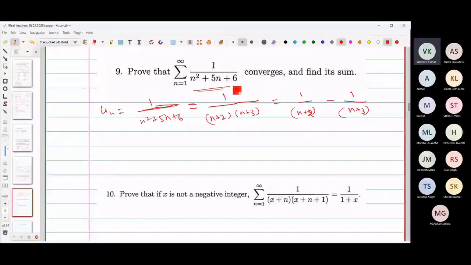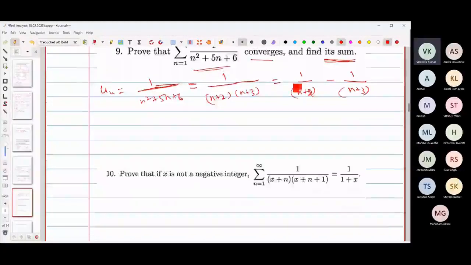But using that, you can only find the nature of the series; you cannot find the sum. The question says prove that this converges and find its sum. So if at all we need to find the sum, wherever the sum is needed, we need to look for SOPs.